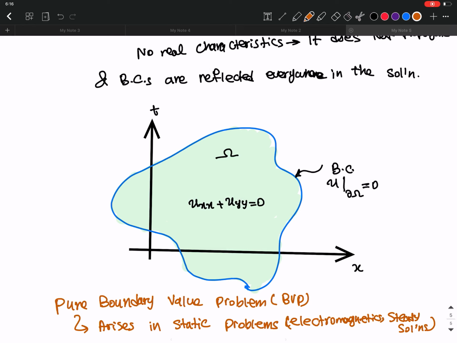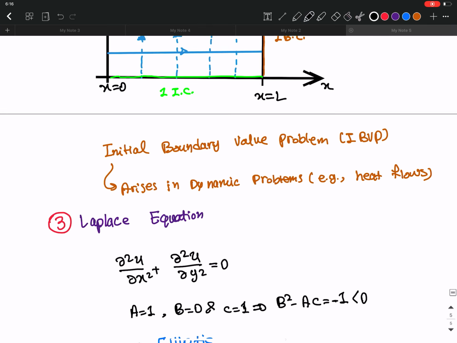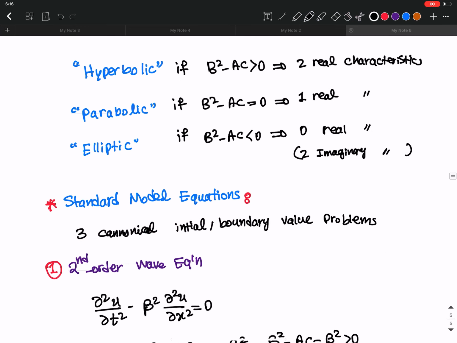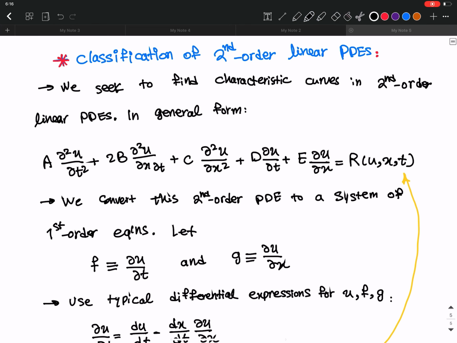Okay, so this is the end of this classification of PDEs and the 3 important canonical PDEs that we have. I want to go through a very brief review of this.